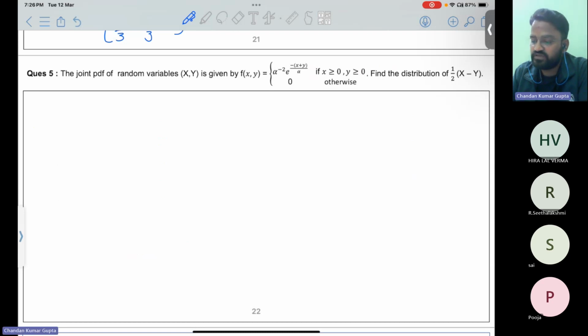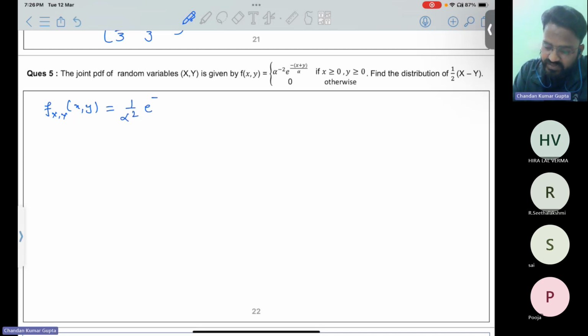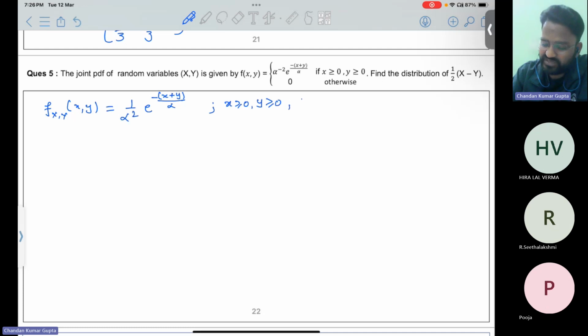We need to calculate the distribution of half of X minus Y. We are given the joint PDF: 1 upon alpha square e to the power minus of (x plus y) divided by alpha, where x is greater than or equal to 0, y is greater than or equal to 0, and alpha is greater than 0.